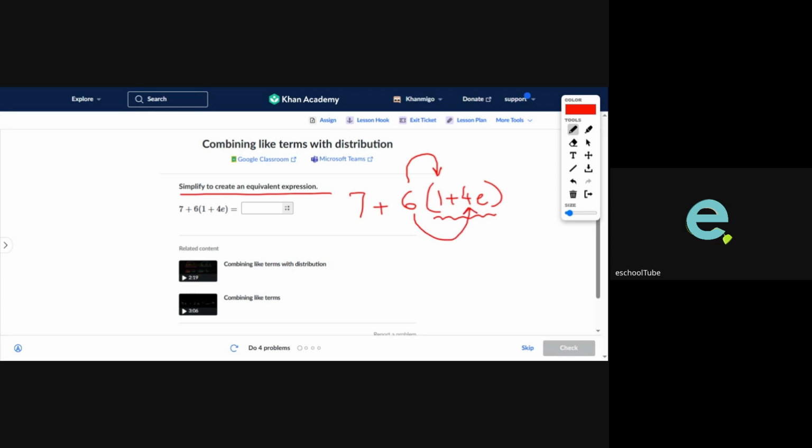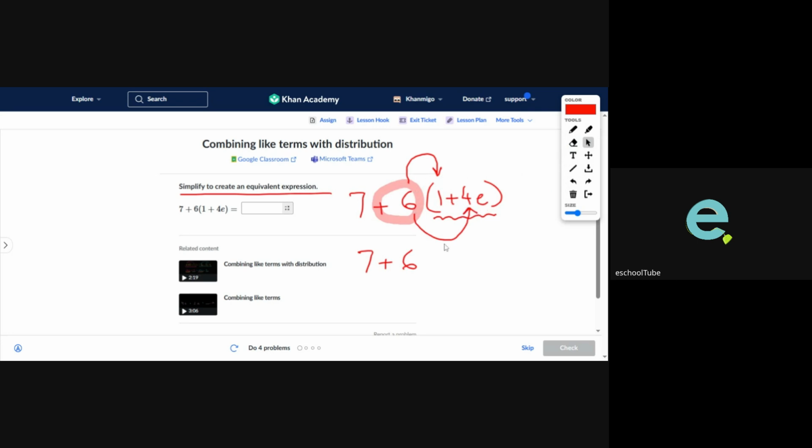So what will be the answer? 7 plus 6 into 1 is 6. Then 6 into 4e. And when you multiply, you should always remember, you have to multiply along with the whole number, the integer, plus 6e. Positive 6 को we have to multiply by positive 4e.